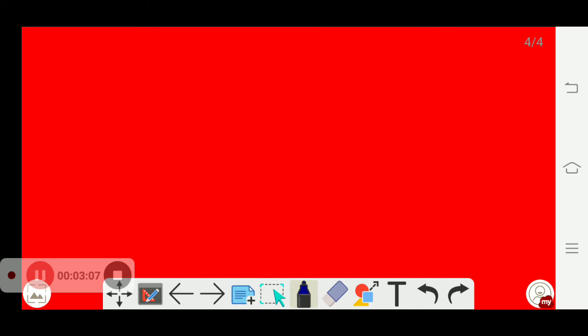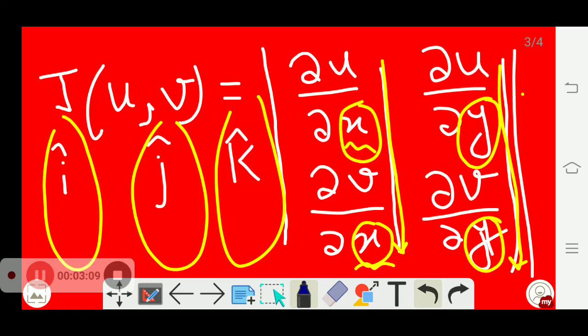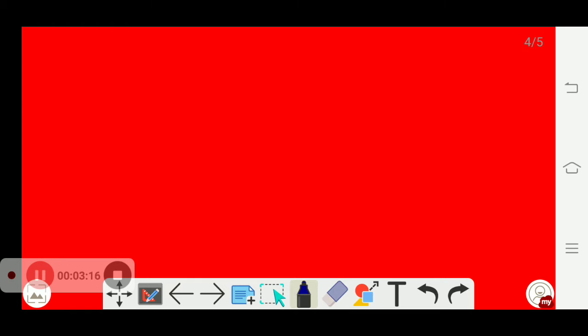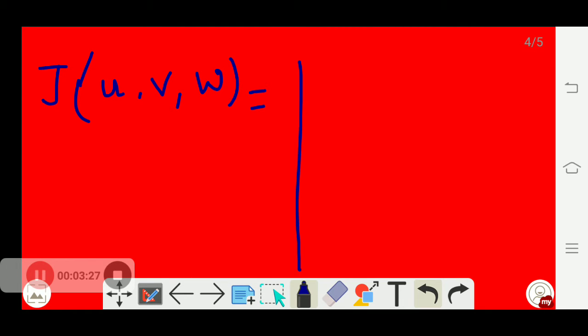So for 3-dimensional, this is how we write the Jacobian. In the 3-dimensional case, Jacobian of u, v, w is equal to what? Pause the video and write on your own.